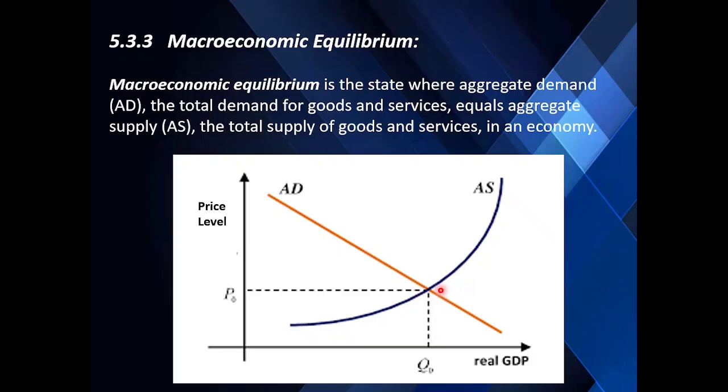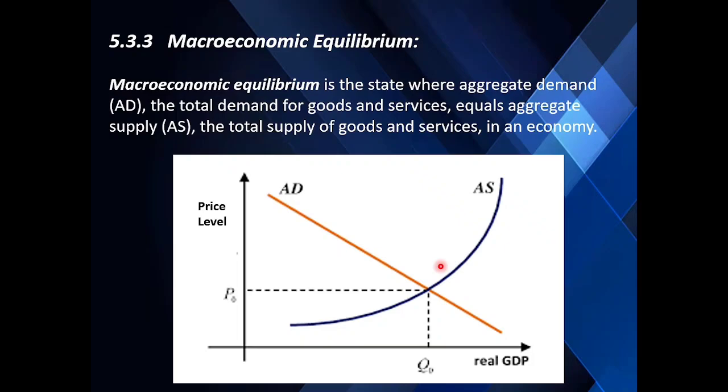At this point, the economy is producing exactly what people, businesses, and government are willing to buy. Equilibrium is most important because it determines the level of output, employment, and general price level in the economy.